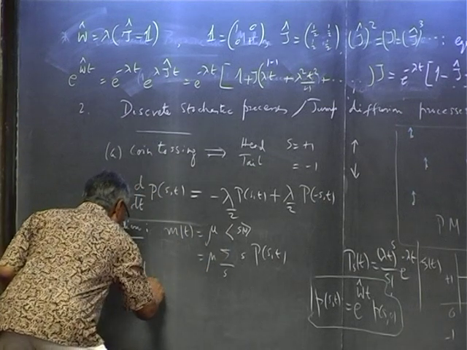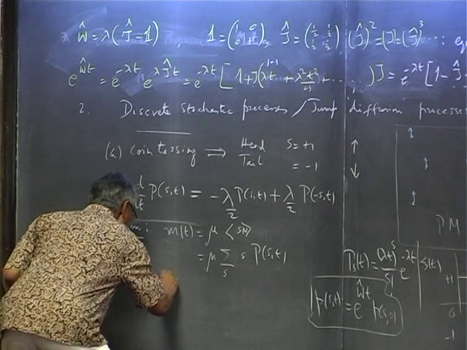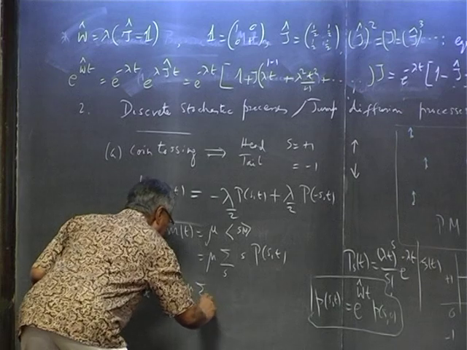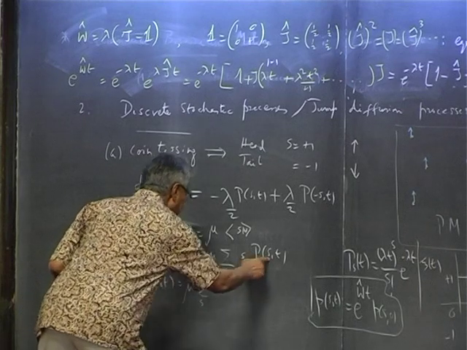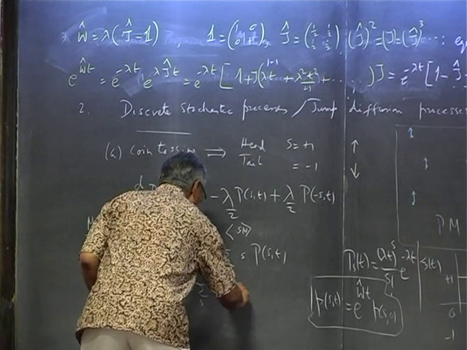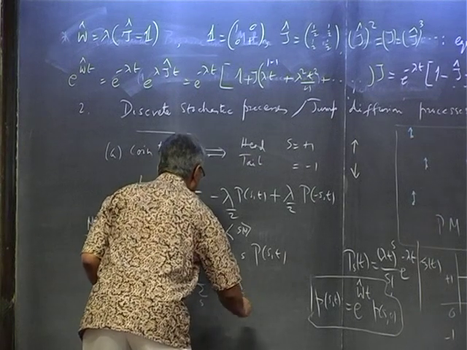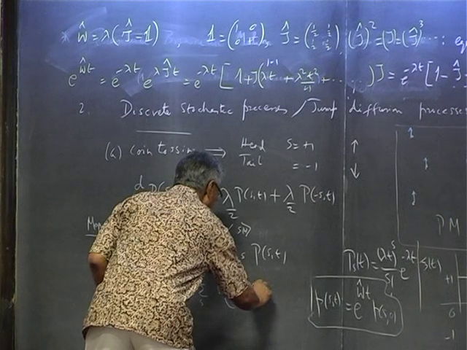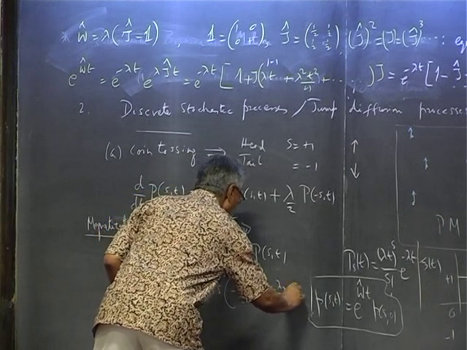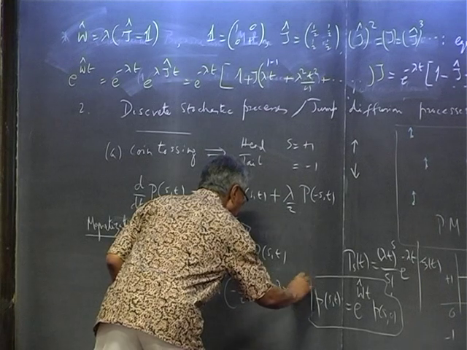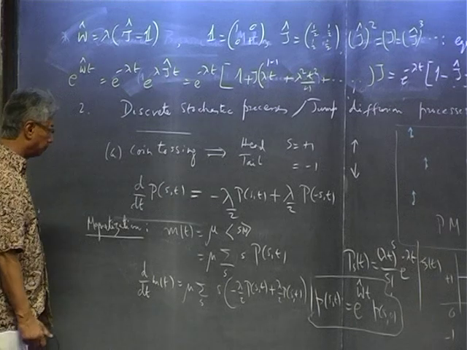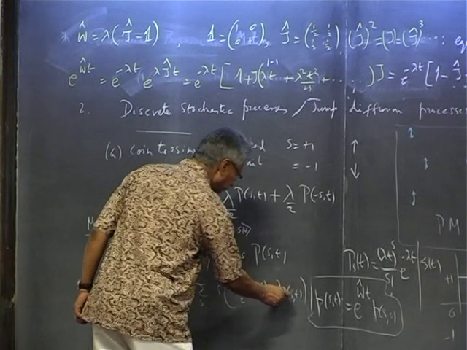So suppose I now look at the equation of motion, d dt of m of t. That's equal to mu summation S dP(S,t)/dt. But for dP(S,t)/dt, I have a rate equation or a master equation, which is minus lambda by 2 P of S comma t plus lambda by 2 P of minus S comma t.